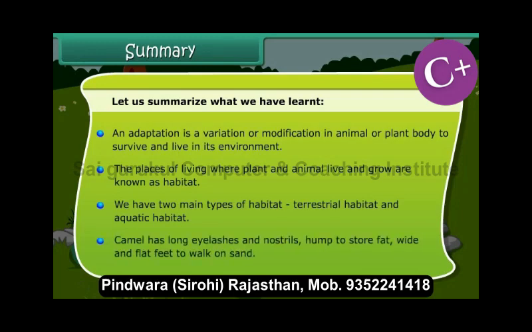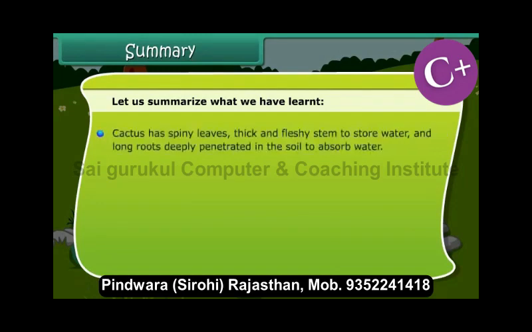A camel has long eyelashes and nostrils, a hump to store fat, and wide and flat feet to walk on sand. A cactus has spiny leaves, a thick and fleshy stem to store water, and long roots deeply penetrated in the soil to absorb water.